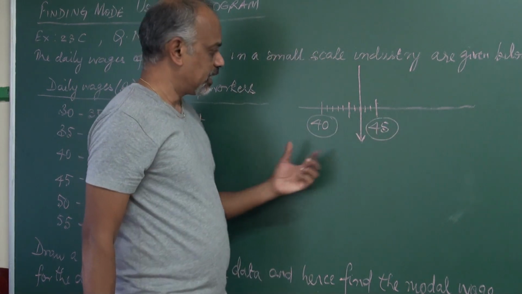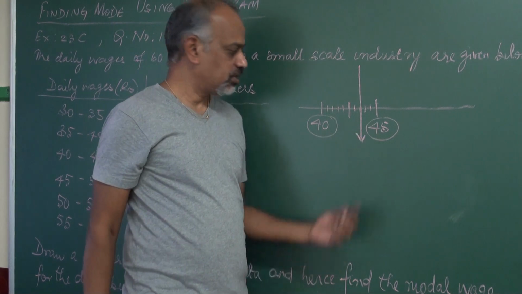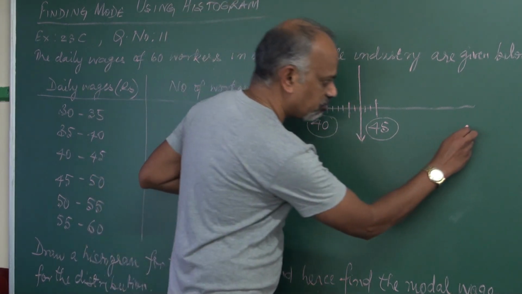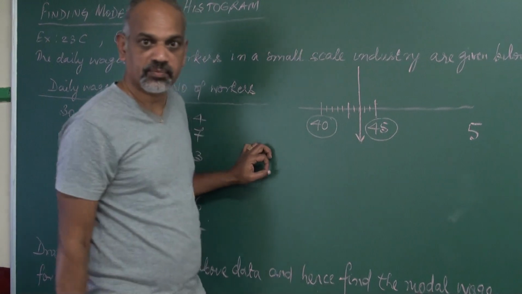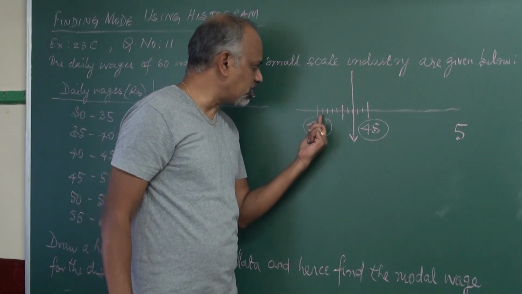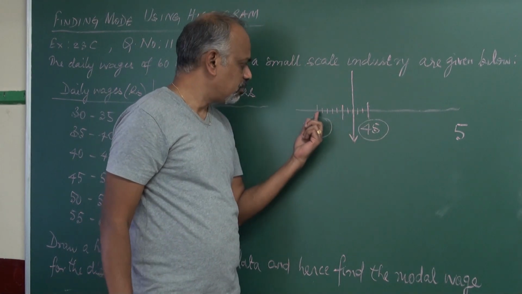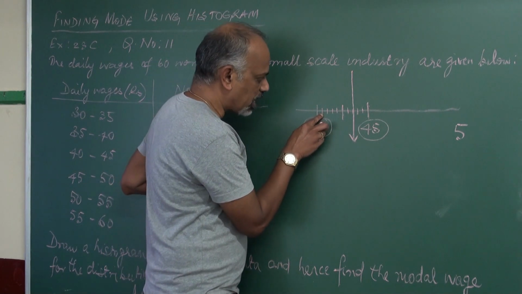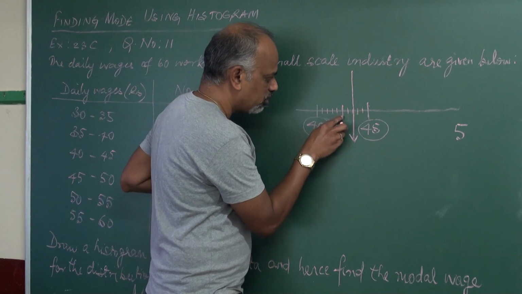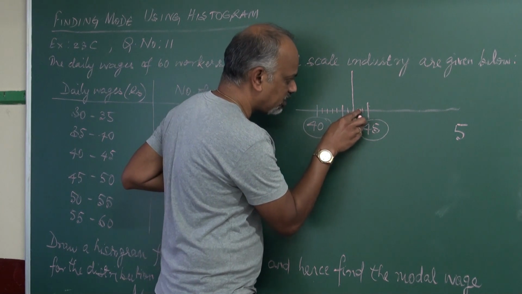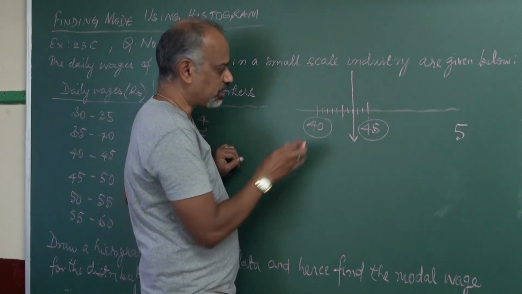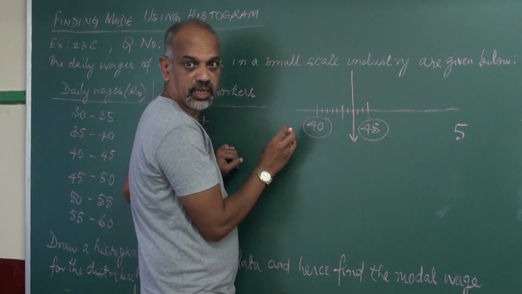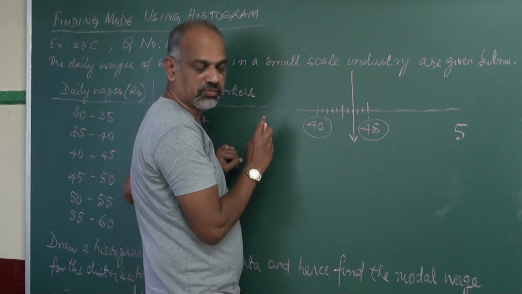How much is the difference between them? 45 minus 40, that will give you 5. And you count and see how many lines are there between this and this. So don't count the first one. This is 1, 2, 3, 4, 5, 6, 7, 8, 9, 10. So there are 10 small units in between 40 and 45.